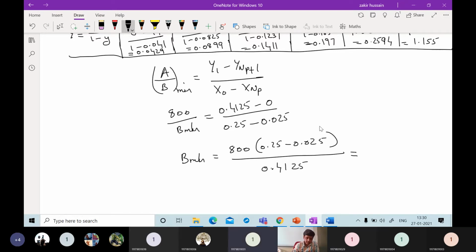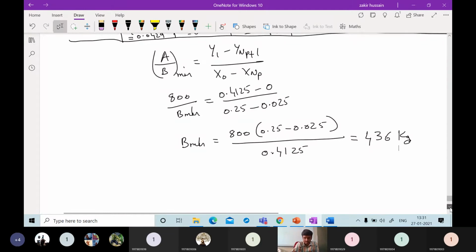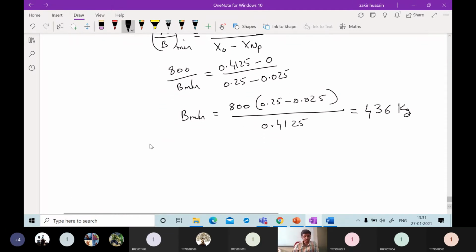We are getting 436.3. Okay, 436 kg, no problem. Exact values I also don't know; whatever you are telling, I am just writing here.